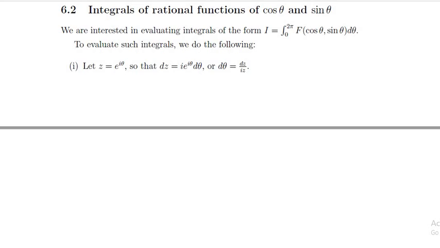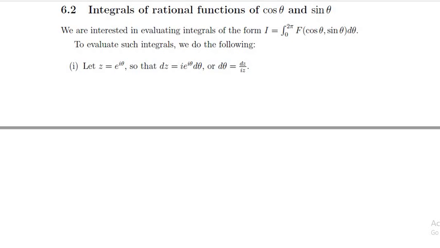Now you can see the application of residue integration. Residue integration can be used to evaluate certain class of complicated real integrals. This is one of the many advantages of complex analysis over real analysis.